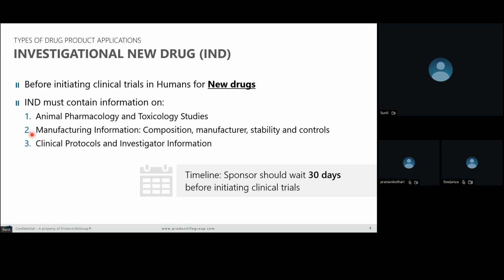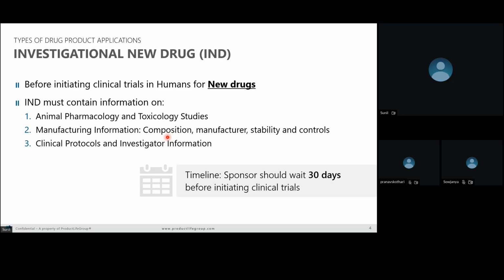Second part of the dossier will be manufacturing information. So whatever your drug product's composition, the level of the excipients, the quantity of excipients, the quantity of API, the manufacturing process, who is the manufacturer, what is the stability. So all those things you have to include. This way, the authority, the US FDA, will assess how is the quality of the product.